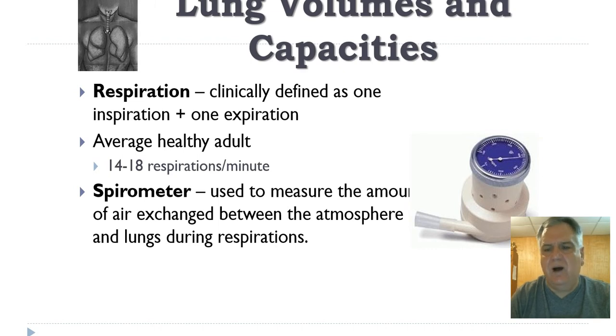It has a dial at the top that you can see there that is calibrated, and it has a mouthpiece down here at the bottom. And that mouthpiece, the patient can put up their mouth, close off their nose, and breathe through that mouthpiece, and the dial will measure how much air actually passes through that spirometer with any one breath.